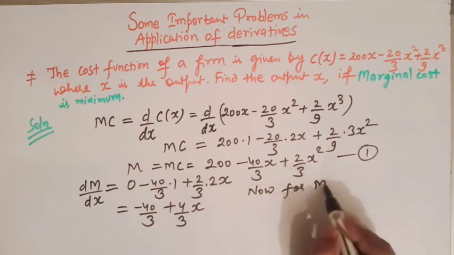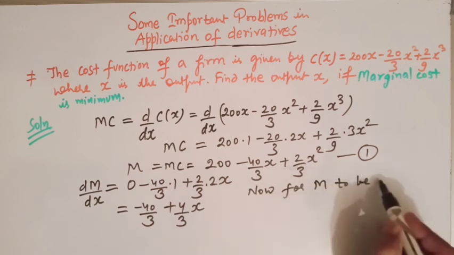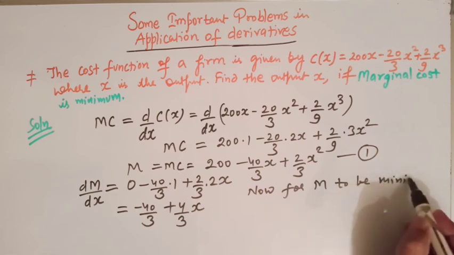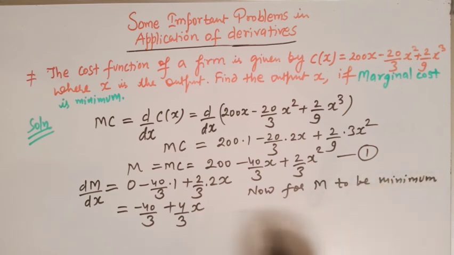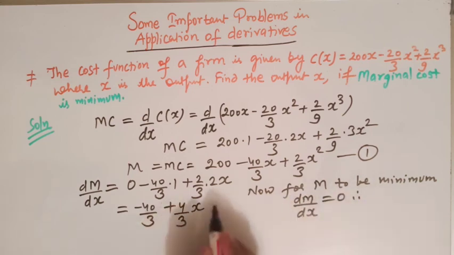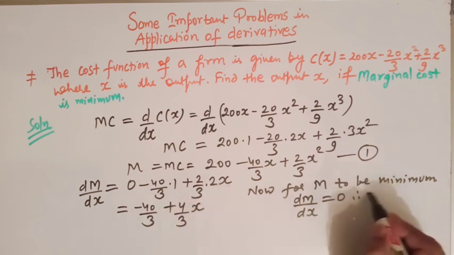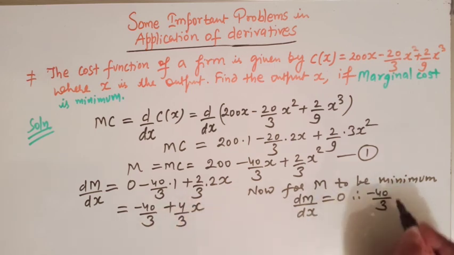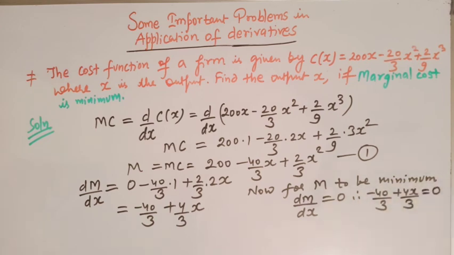Now for m to be minimum, dm over dx must be 0. So therefore this expression, that is minus 40 over 3 plus 4x divided by 3, should be 0.